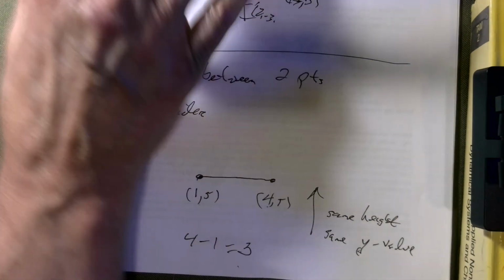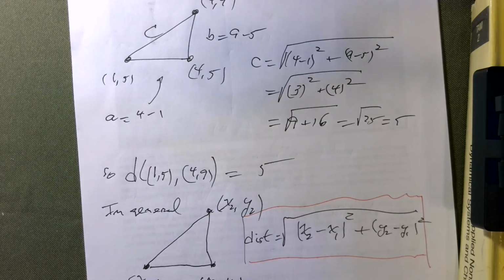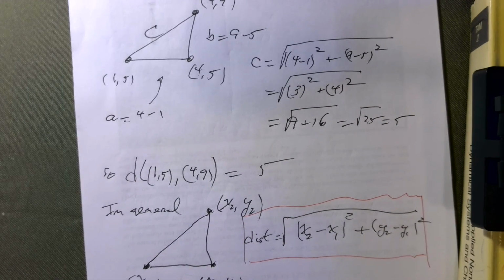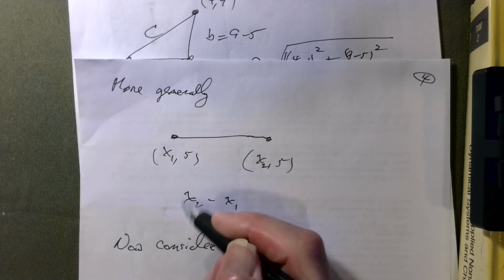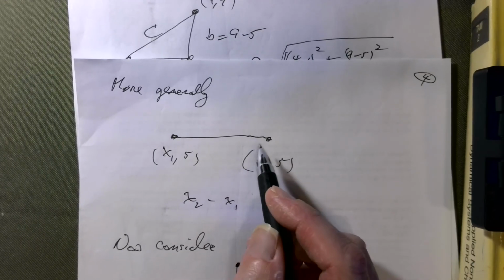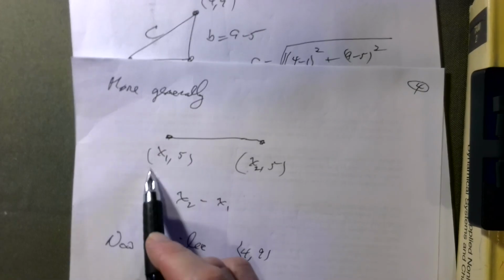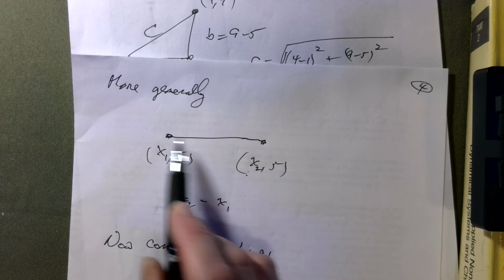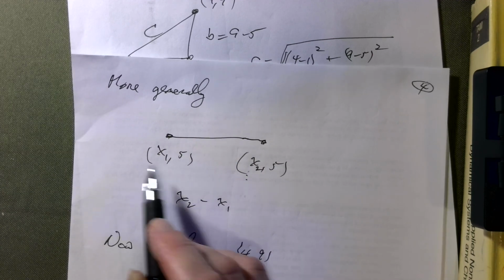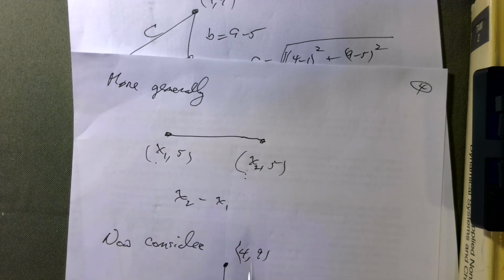All right, and if we talk about vertical, 2 points above each other, we do the same thing. So in general, if I have the same y value, the only things that are changing are the x's. So to calculate the distance, we just take the right one minus the left one. So it's x2 minus x1.